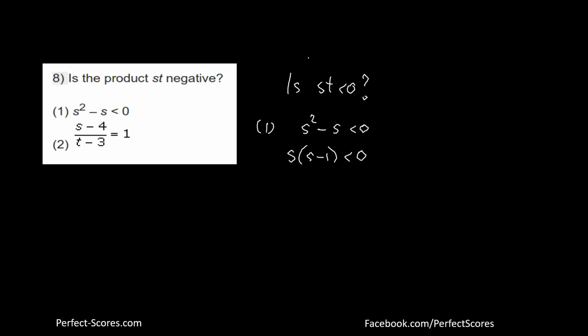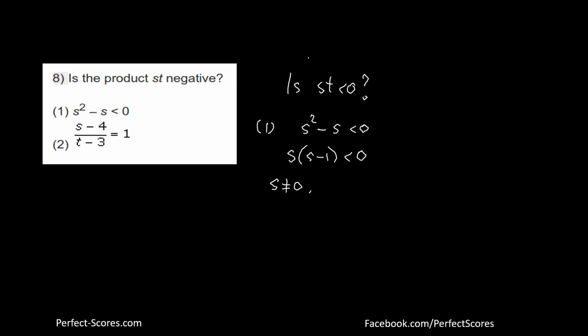We don't know anything about T, so even if you figure out that S is positive or S is negative, it will not give you anything. Here it says the product of S and S minus 1 is negative. From here, what can I get? Again, S cannot be 0 here, because if S is 0, then this whole thing is 0, which is not possible.